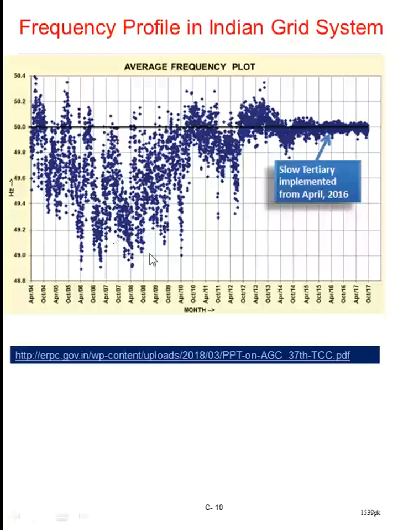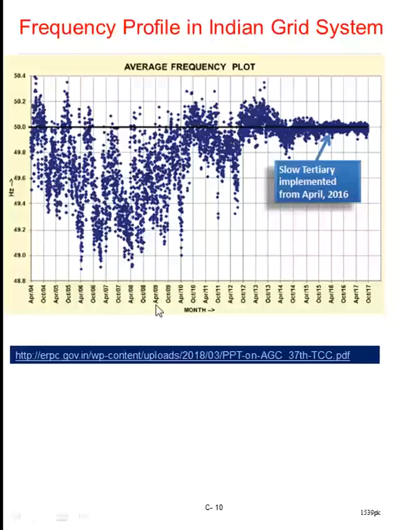So during the period 2004, 2005, and 6 and 7 and so on, and even up to 2012, you can see that the average frequency deviation was up to 48.8 or 49 something here. That was the average value of frequency deviation that we observed in these years.